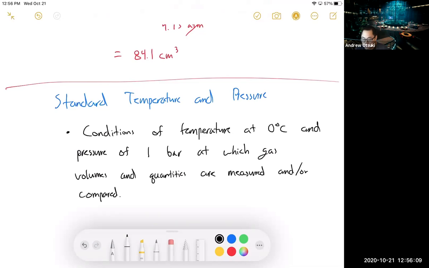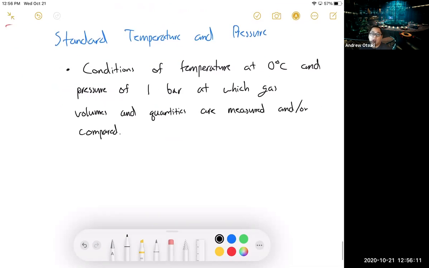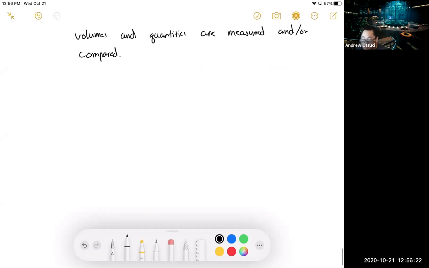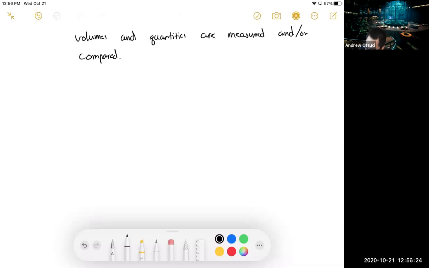These are recommended by the International Union of Pure and Applied Chemistry, or IUPAC, but you guys don't need to worry about that. All right, so this will be our last exercise.